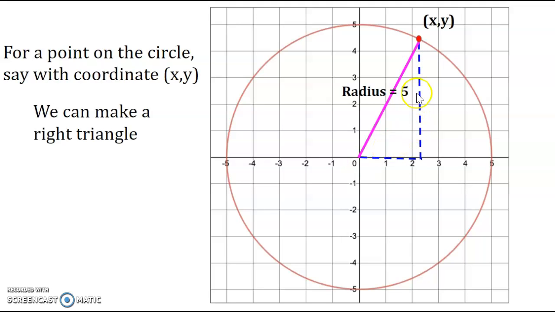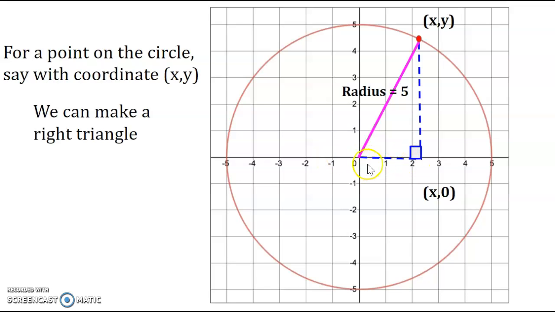What is this distance? That is represented by whatever the y value is. It's a vertical distance. What about this horizontal distance? That's actually x because it's the distance from 0. So this point is going to have the coordinate (x, 0).